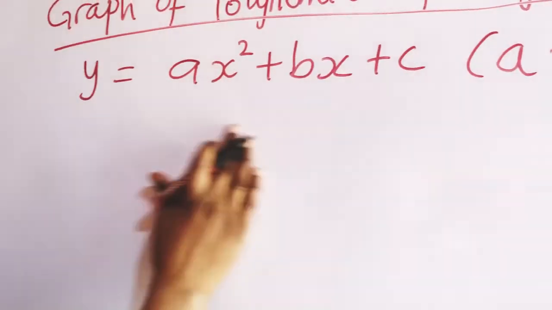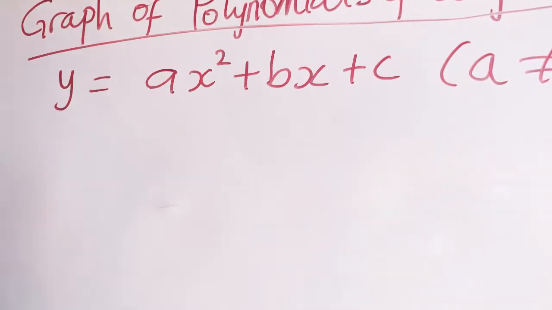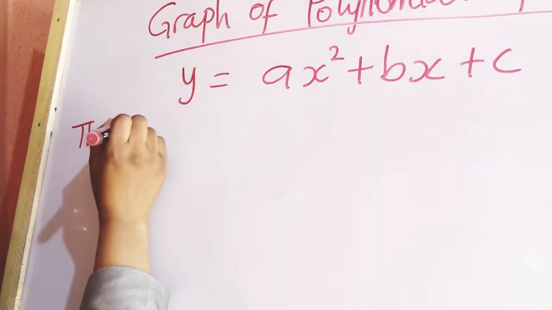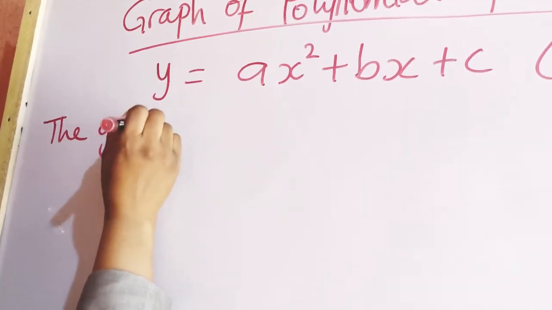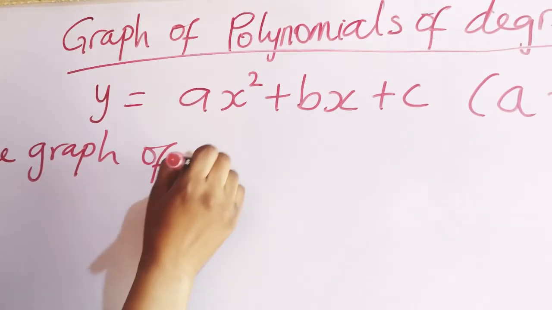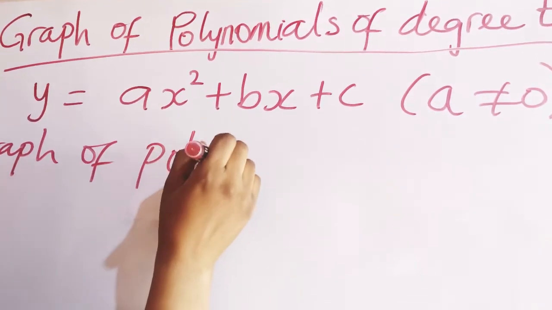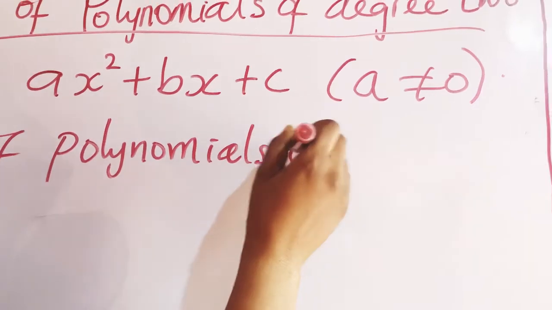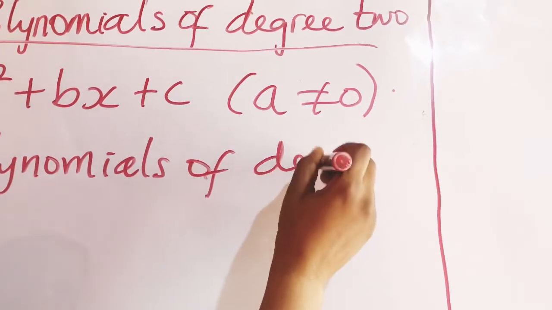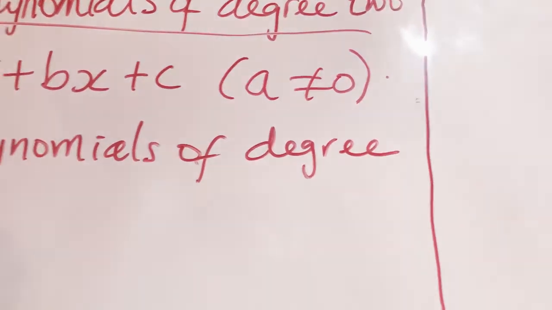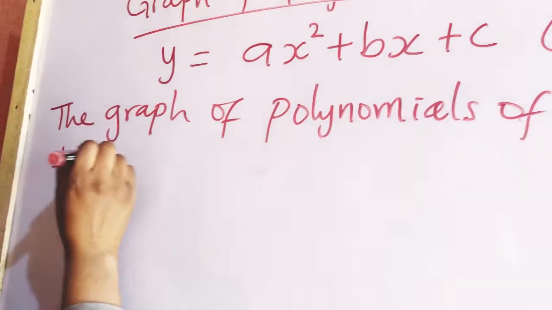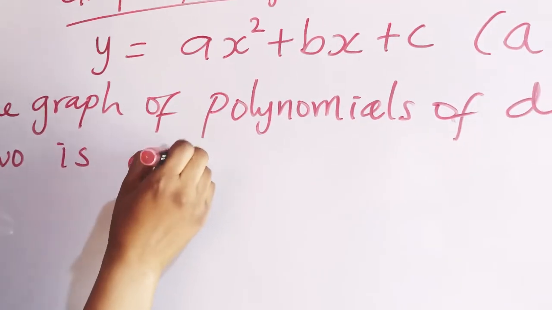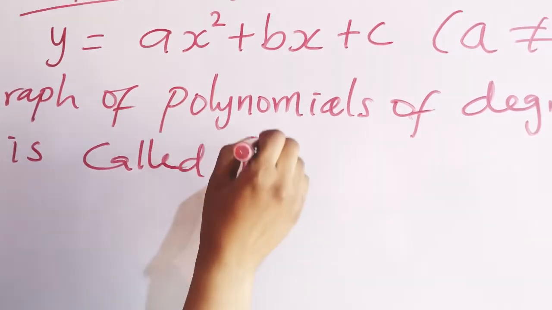And the graph is called a parabola. So the graph of polynomials of degree 2 is called a parabola.